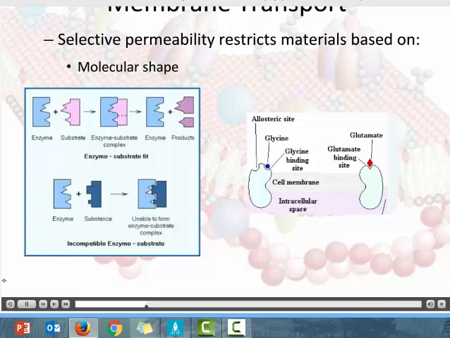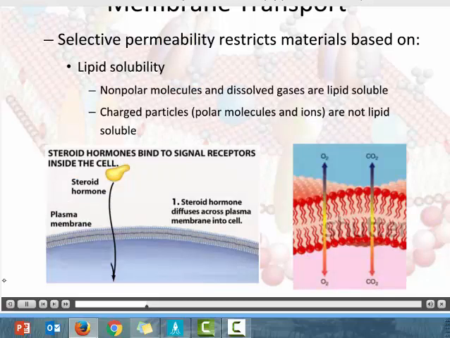Finally, we can restrict movement based on lipid solubility. That is the ability of a substance to dissolve into a lipid. If something is lipid soluble, it will move through our phospholipid bilayer very easily, and it will have no problem entering or leaving the cell.